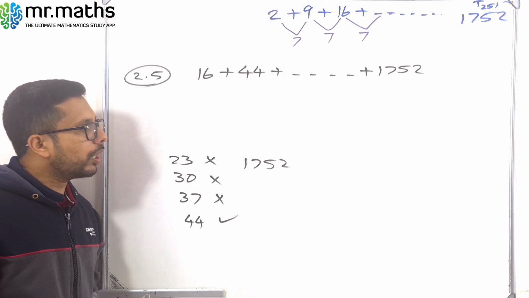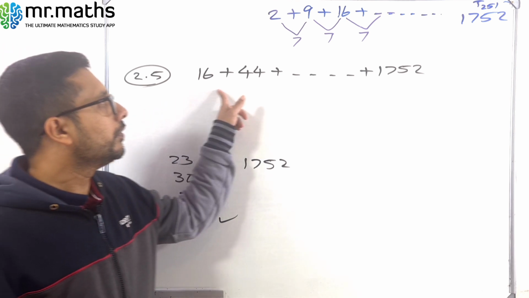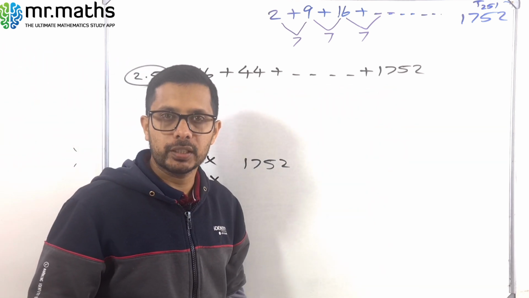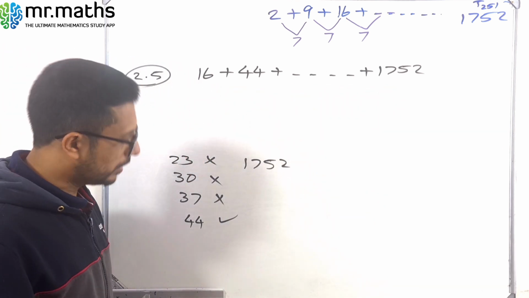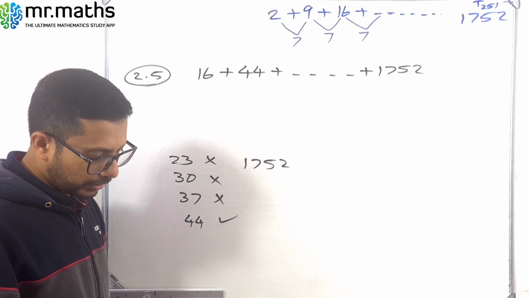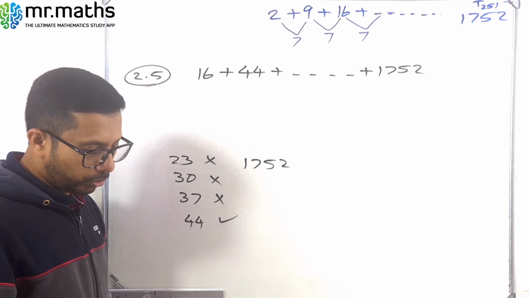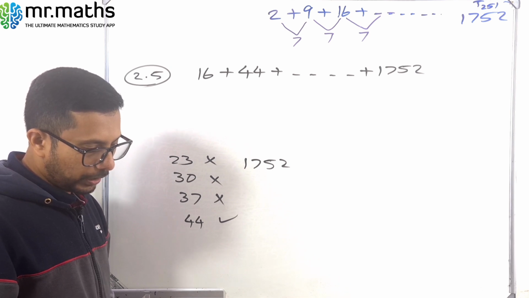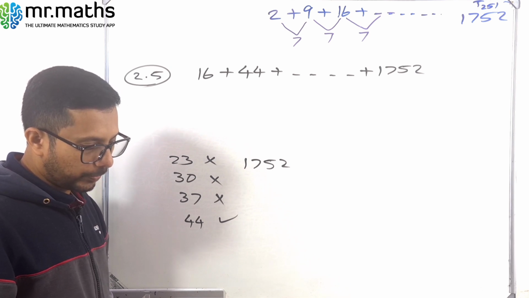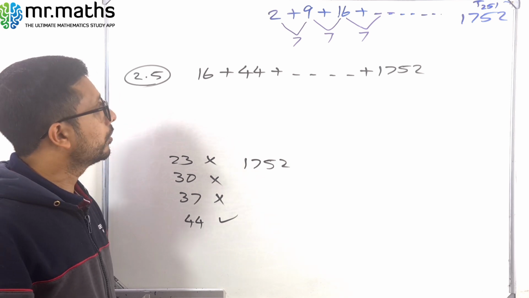Okay, so now this is the series, and in this series you just want to find how many terms are there. Okay, so what type of series is this one? For that we have to know one more term, then only we can identify if it's arithmetic or geometric or whatever it may be.